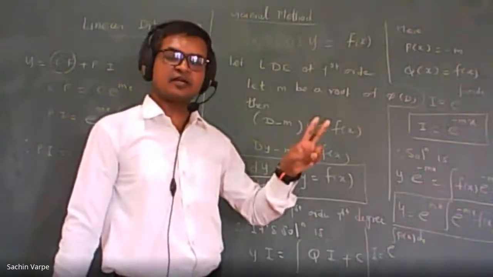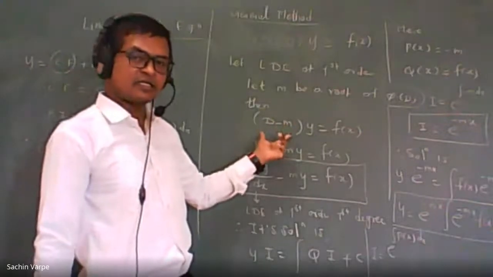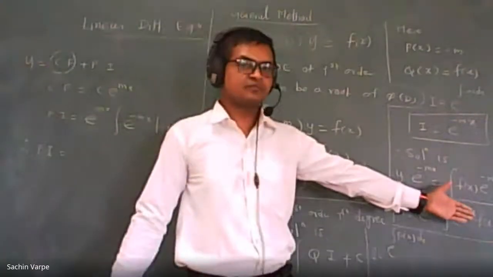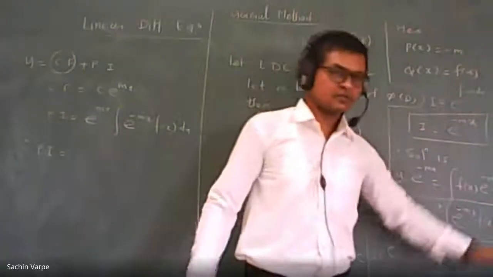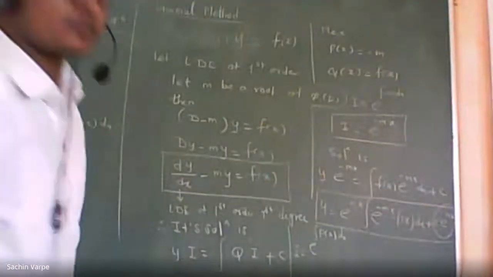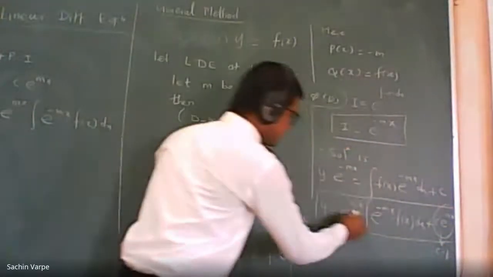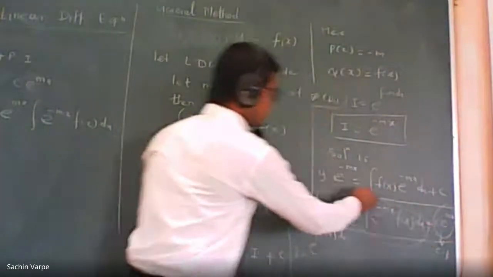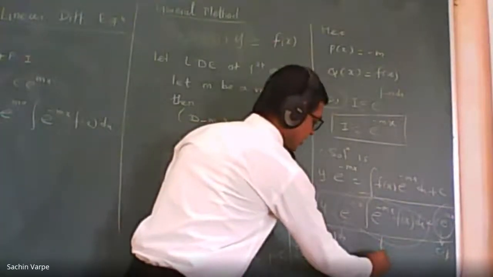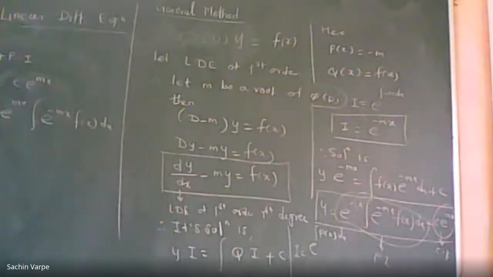One is CF and the other is PI. So we have evaluated CF, and that is C e raised to mx. That is already there in the solution. You can see this is CF, the complementary function. The rest we have denoted by particular integral, PI.